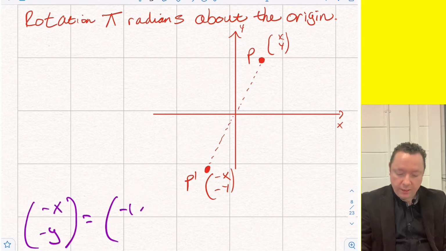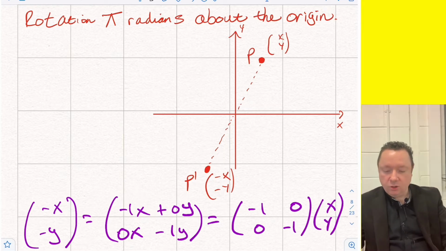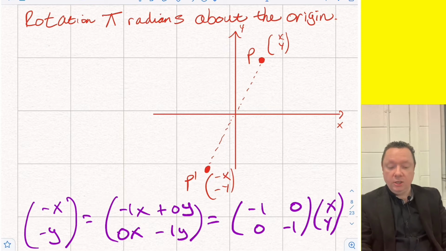We've got minus 1x plus 0y, and we've got 0x on the bottom, minus 1y. So our transformation matrix pops out as minus 1, 0, 0, minus 1 times x, y. So the transformation matrix for rotation by pi radians about the origin is minus 1, 0, 0, minus 1.